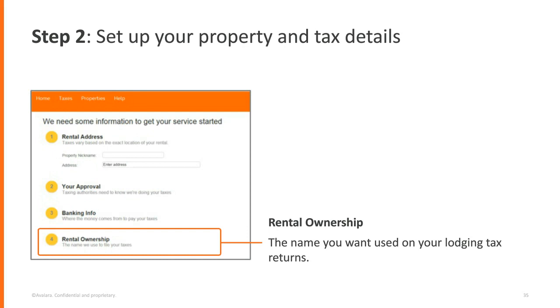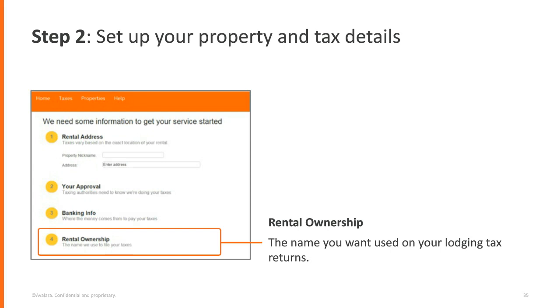The rental property ownership page and the taxpayer information are going to be required as well. This is a page that helps us identify how you want your tax returns to be filed, and typically is consistent with how the property is owned or deeded.